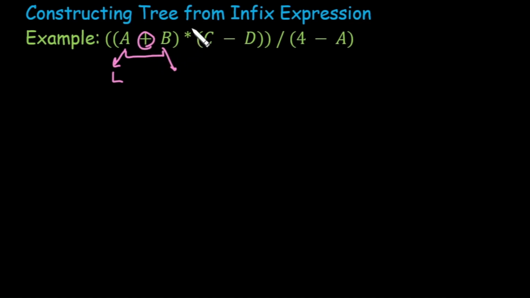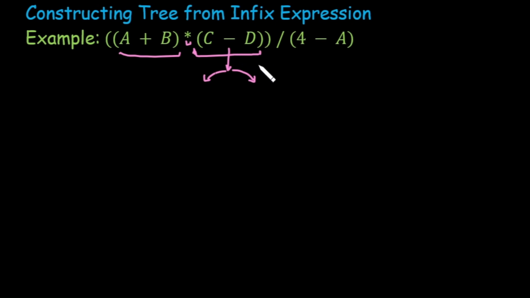Now if we study the next operator, multiplication, the left side is the left subtree, or we can call it the left child of multiplication, and the right side is the right subtree, till the end of the bracket. Next operator we have is subtraction, and its left side is C and the right child is D.